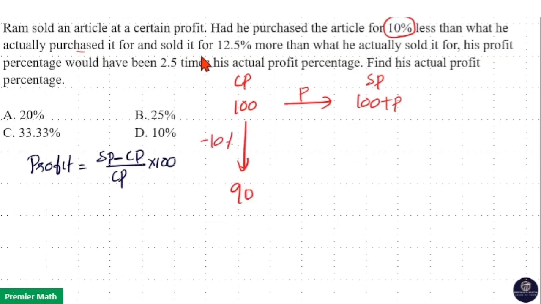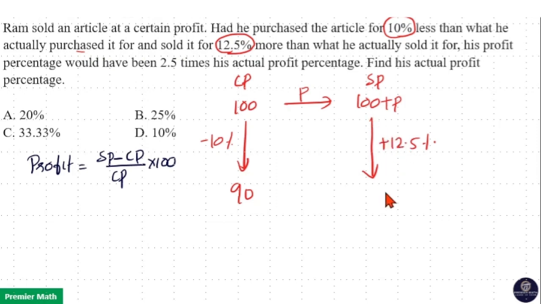Now if he sold it for 12.5% more than the actual selling price, here actual selling price is 100 plus P. Then 12.5% more than that means 100 plus P plus 12.5% of 100 plus P. Here 12.5% of 100 is 12.5.